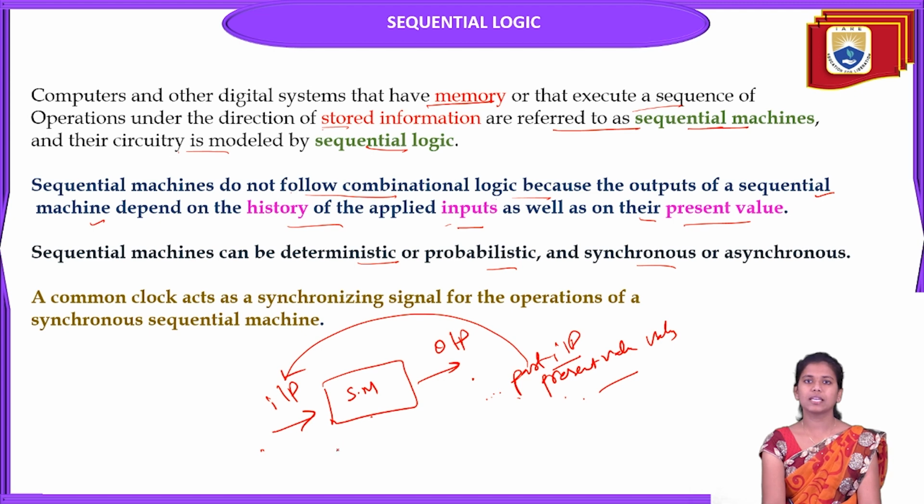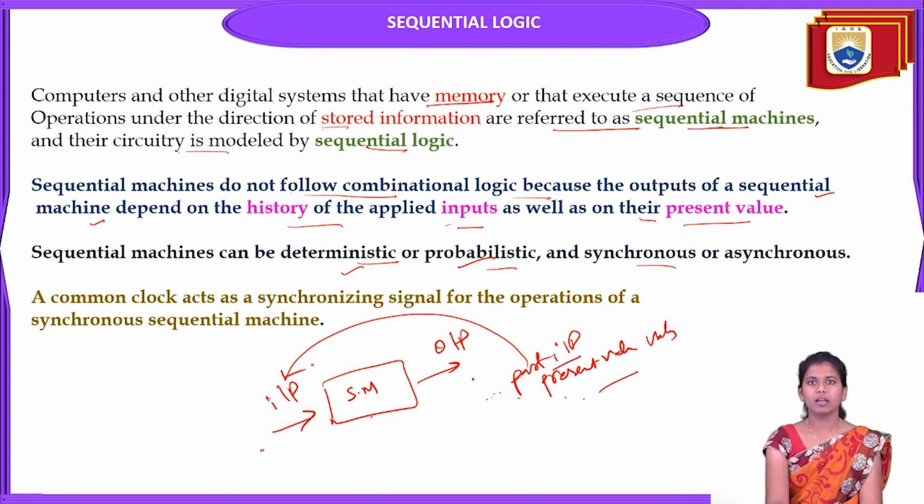So we can call them asynchronous sequential machines, and we have the synchronous sequential machines, and based on the nature of the output they drive, probabilistic as well as deterministic. So in all four aspects, the sequential machines can be called asynchronous, synchronous, and we can predict the outputs based on the present values as well as the past inputs. Also we can say it has a probabilistic nature.